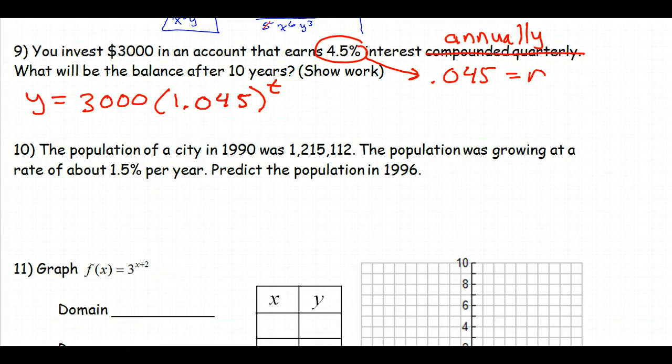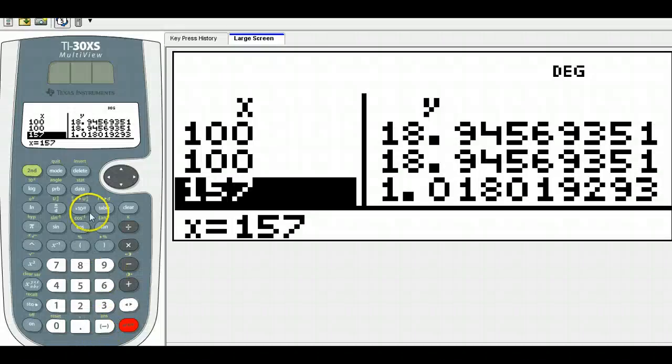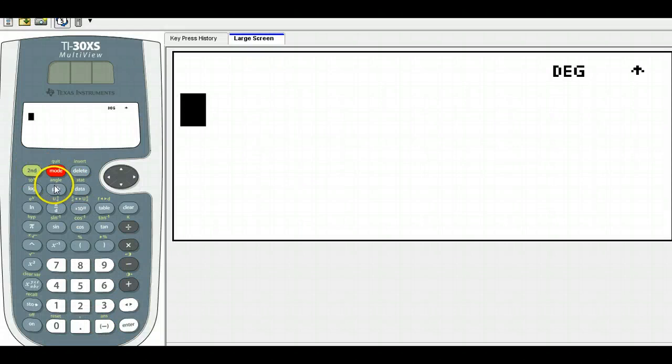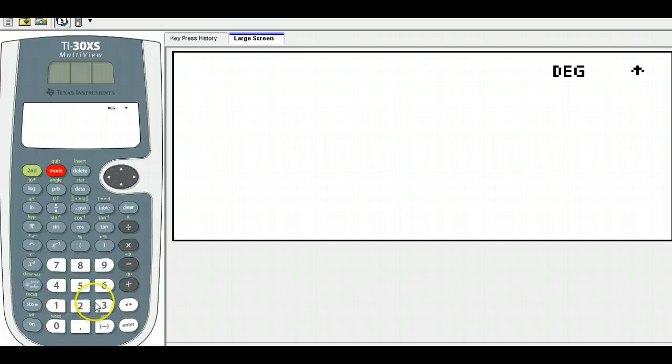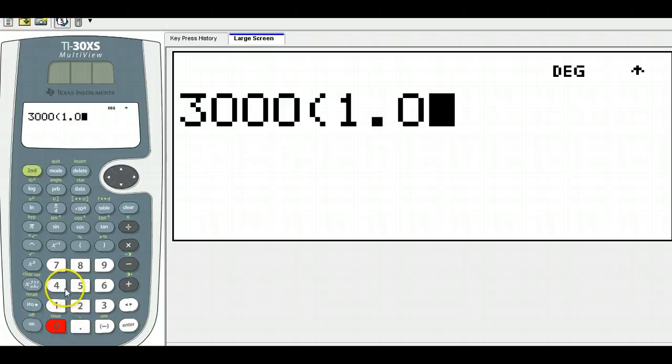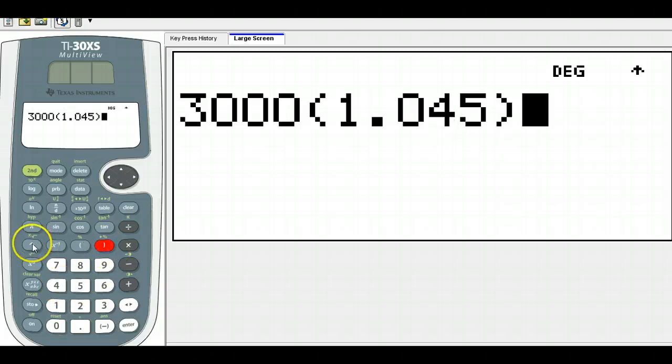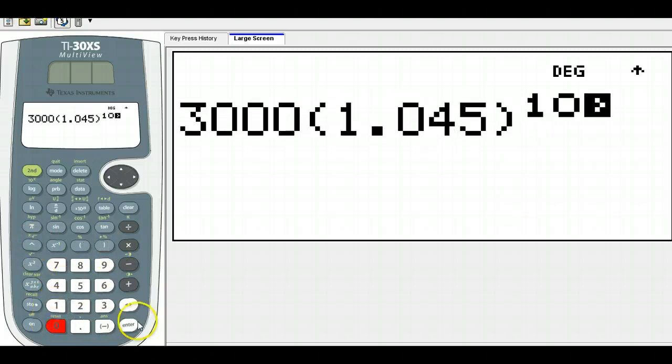So you could just type this into your calculator. Okay, so what was it? 3,000 times 1.045 to the 10th power.